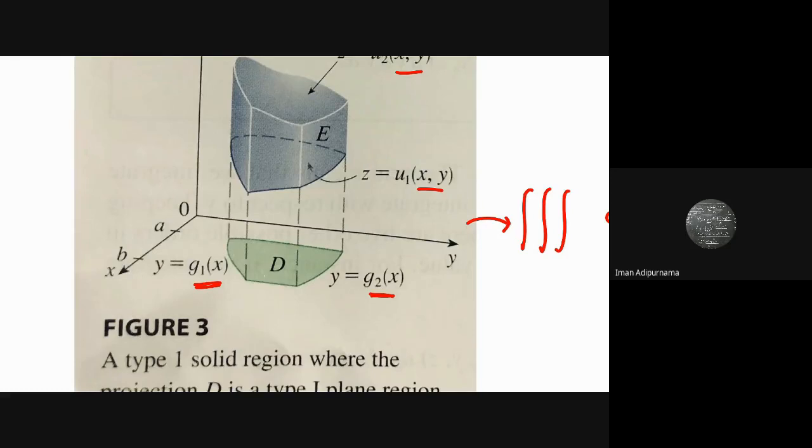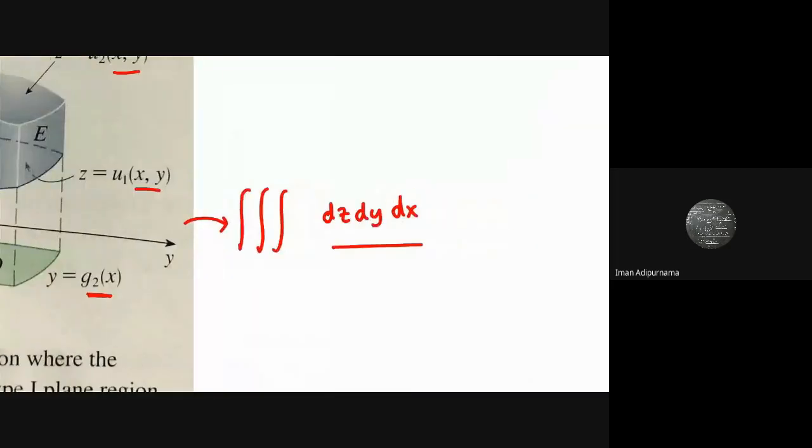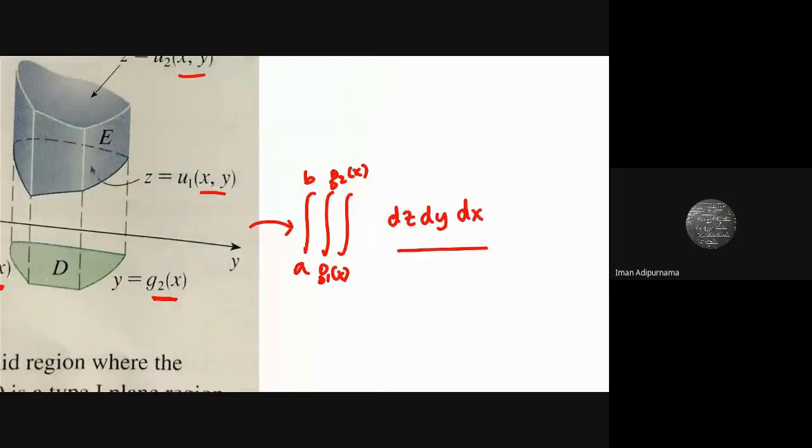Instead, the constant should be x, from a to b. And then this will be g1(x) and g2(x), and the last is u1(x,y).